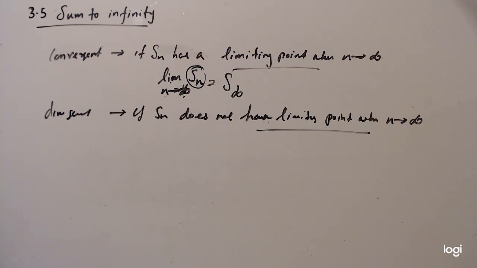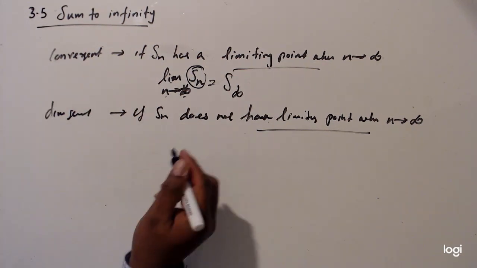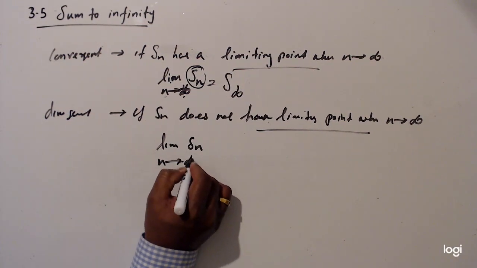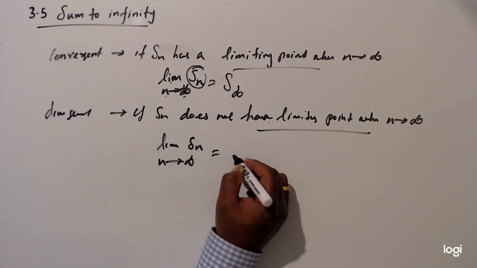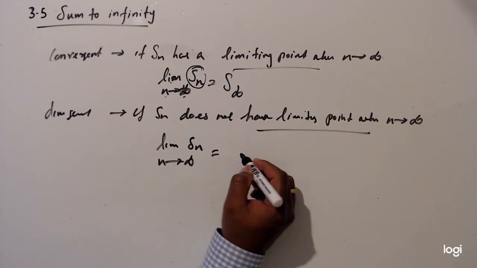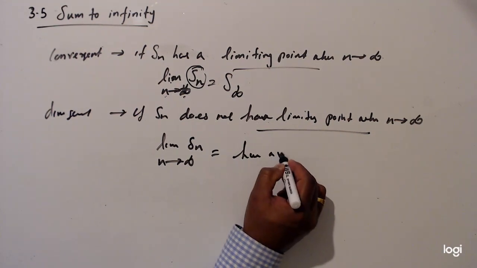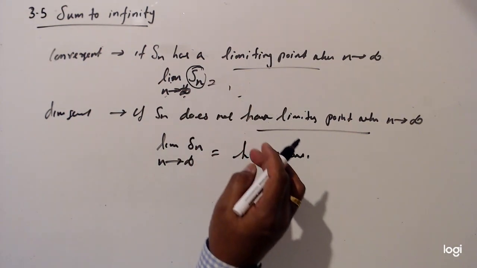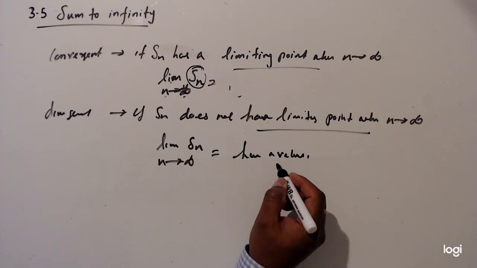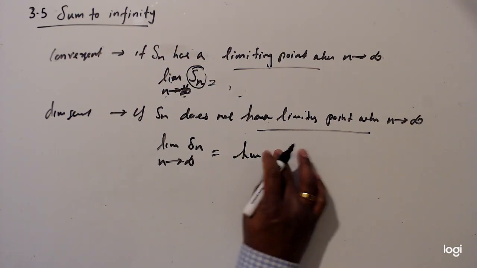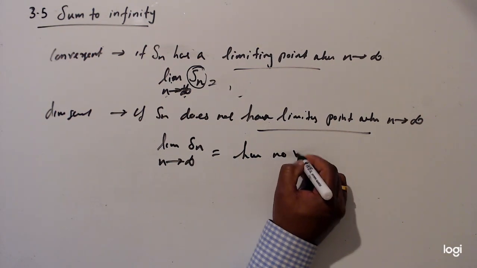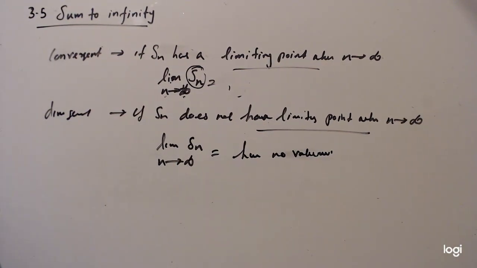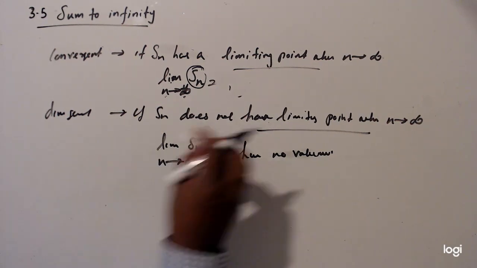If the limit of Sn as n goes to infinity has a value, it is convergent. If it has no value, it is divergent.